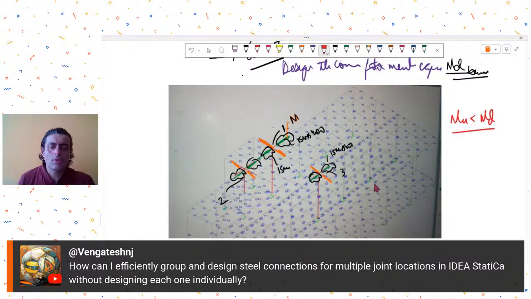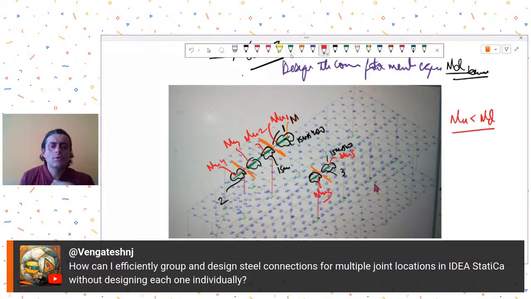The second approach can be that, let's say, these were analysis moments, different beams having different analysis moments. Okay, because maybe the loads are different, whatever is happening, different analysis moments. You run your analysis in ETABS or STAAD, and you look at the load combinations. For different combinations, you have got different results.